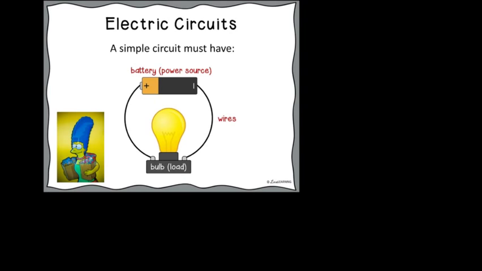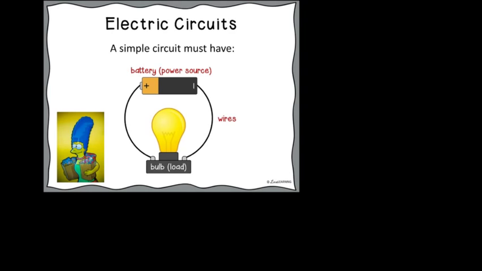So every simple circuit has to have three basic parts. First of all, we have to have some kind of power source, for example, a battery. We have to have wires along which the electrons are able to move, and we have to have some kind of load, some kind of work being accomplished by this flow of electrons.